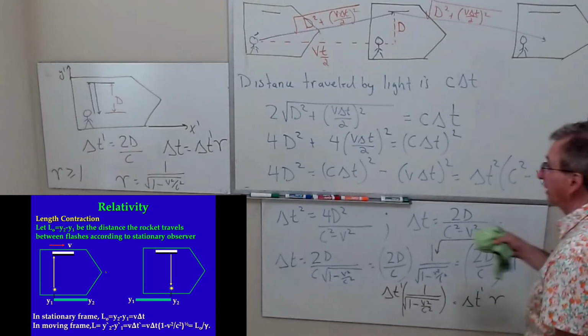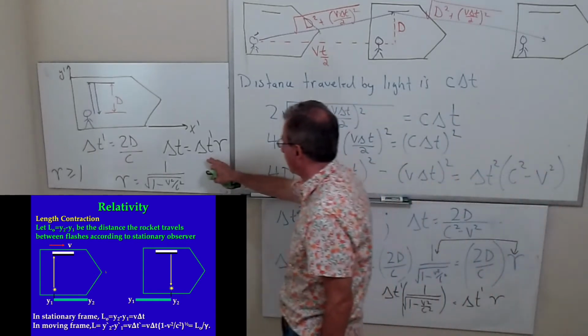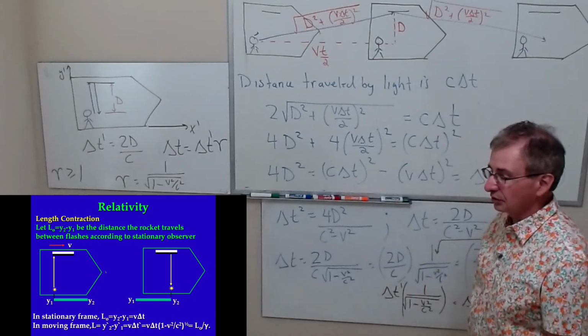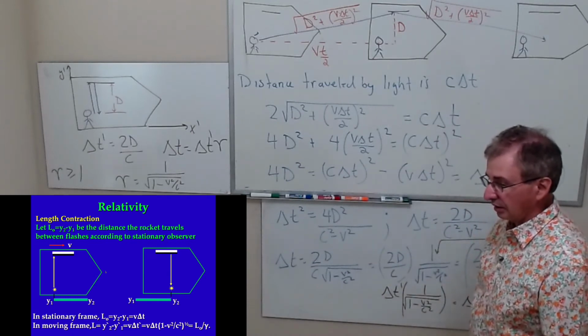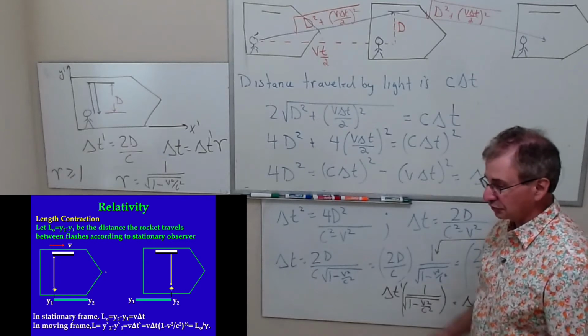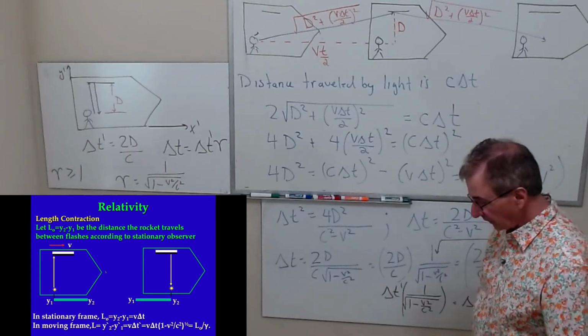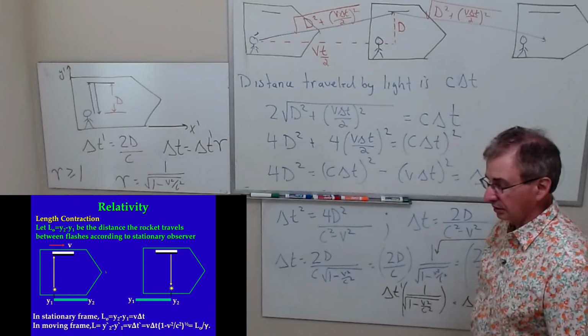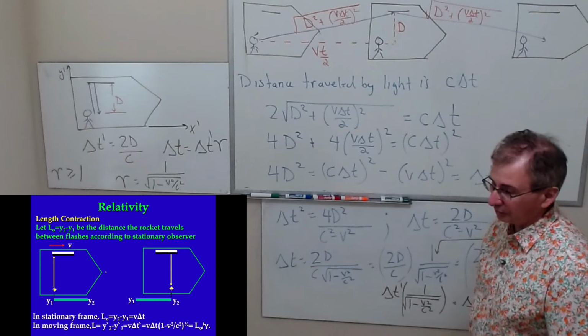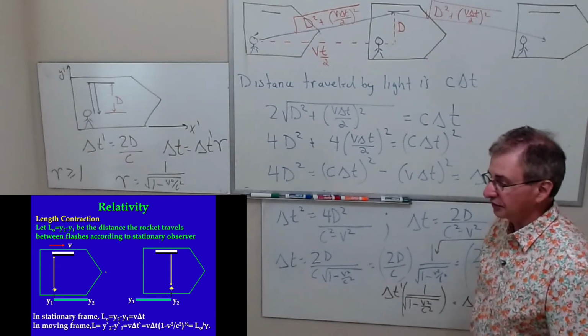Let's go back. We're going to use the fact that we have time dilation. Let's assume that when the rocket observes those two flashes, we measure that the rocket travels a distance L naught.